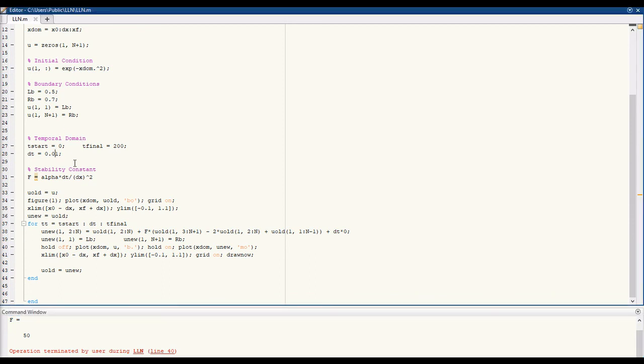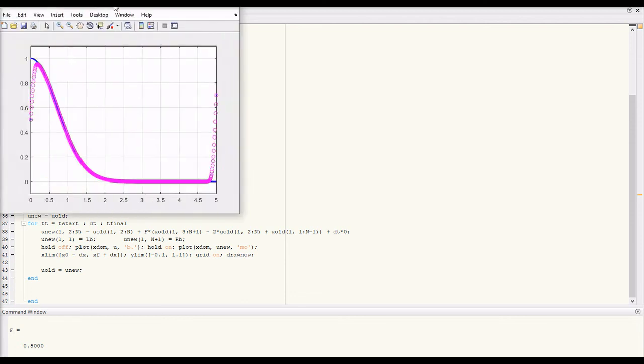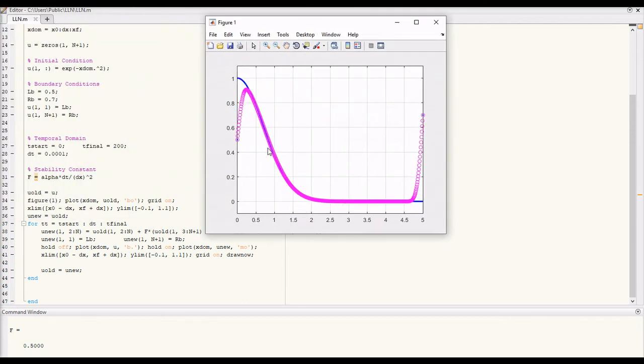So I'm going to make dt a little bit smaller so that my f value is a little bit smaller. Now you see that my equation behaves very nicely. Again, I'm not going to get into what values of f make this true, but there is an actual value for some particular dt, dx, and alpha.